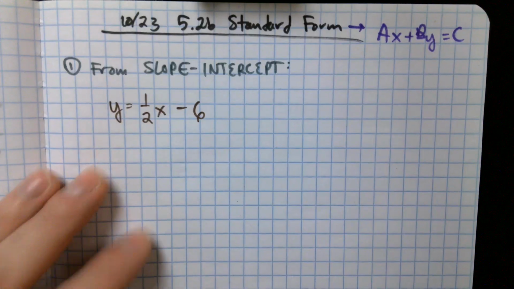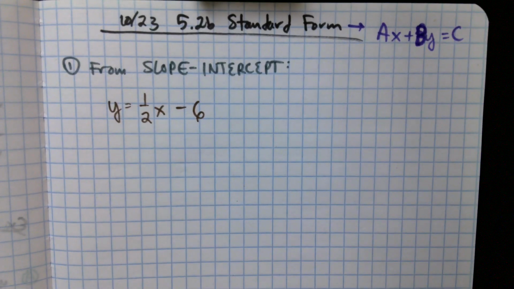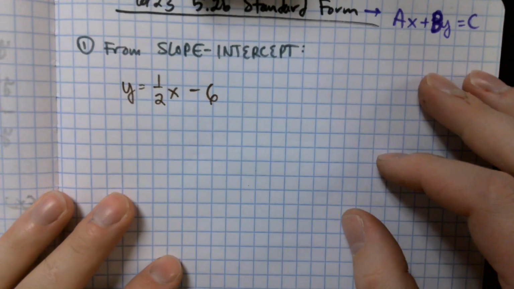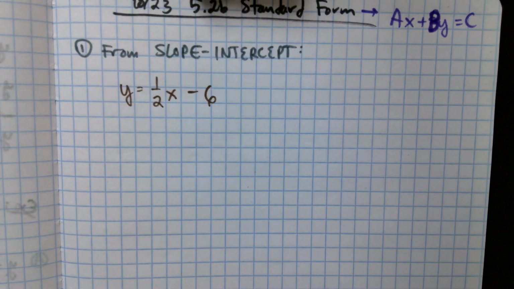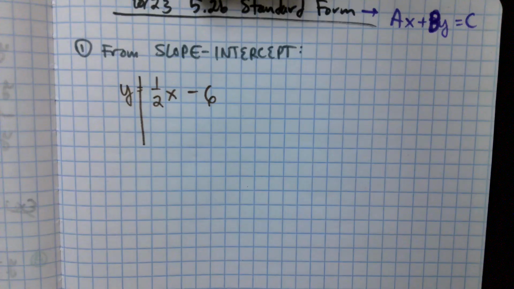So what I need, if I want my equation to be in standard form, is I want my x and my y to be on the same side. I want them to be on the left. So what can I do to this equation to get my x and my y on the same side?